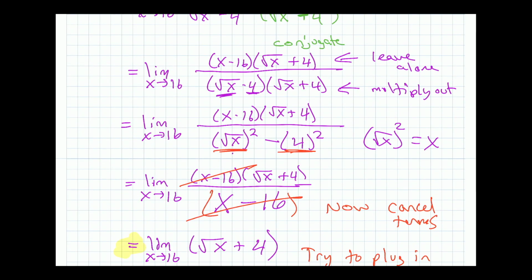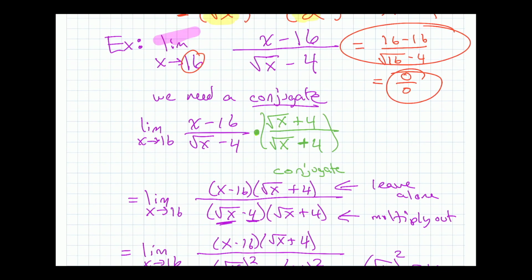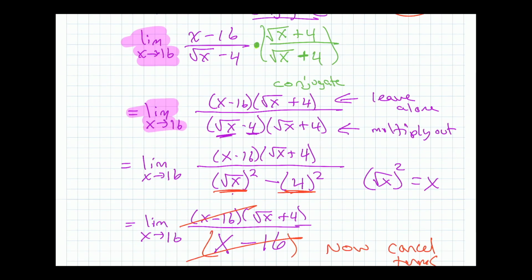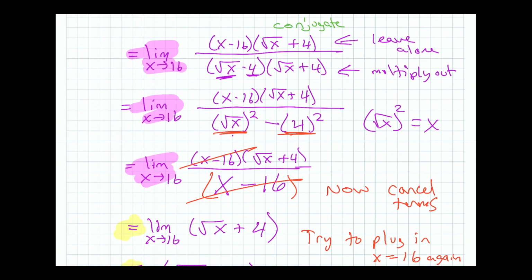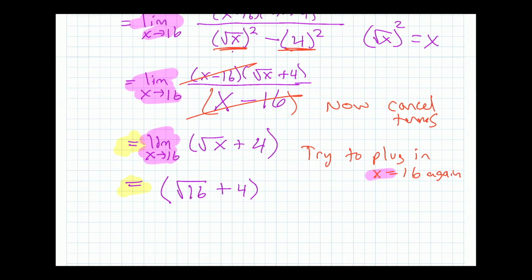Every single line of work, you have to write the limit until you take the limit. So like we started with the limit, limit, limit, limit, limit, limit. When we plug in x equals 16, no limit. That's the first time that you're allowed to not write the limit. Okay?